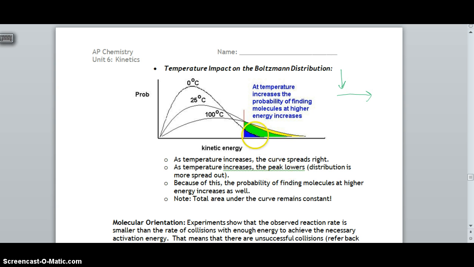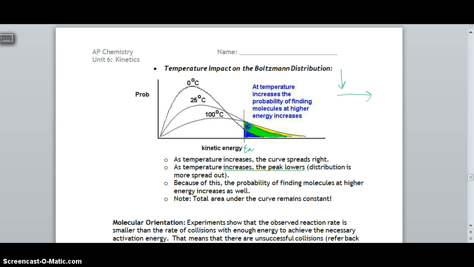Pushing it to the right so that now, if this was our activation energy, you'll notice that you got more particles. So this blue represents the portion of particles that have enough kinetic energy for the reaction to take place. That's at 0 degrees Celsius. It's pretty chilly, and there's not a lot of particles at that temperature that would have enough activation energy to react. So then at 25, you notice the curve kind of comes and spreads out this way.